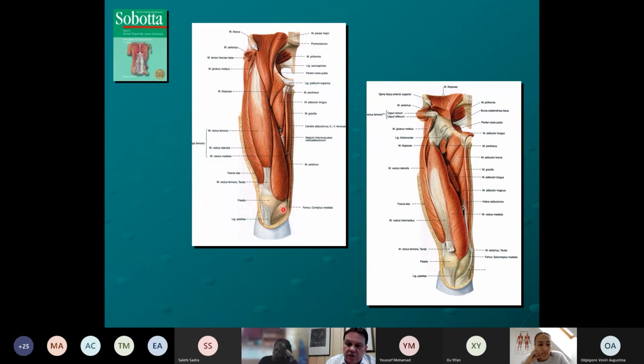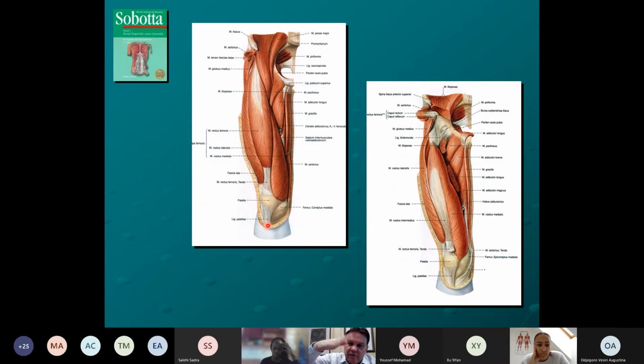Because what is the function of the quadriceps femoris? When you learn anatomy, please always learn the function together with the muscle, because we have muscles for function. The quadriceps femoris is bridging the knee joint, and it is responsible for extending our knee.